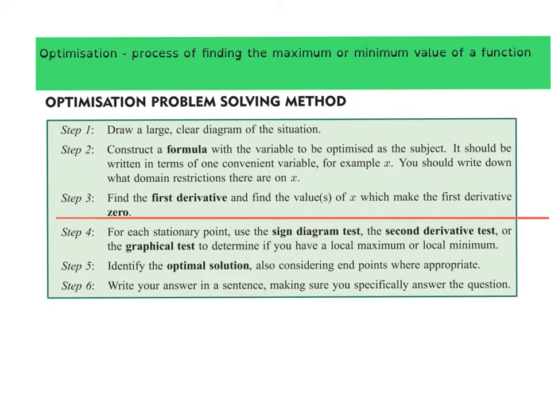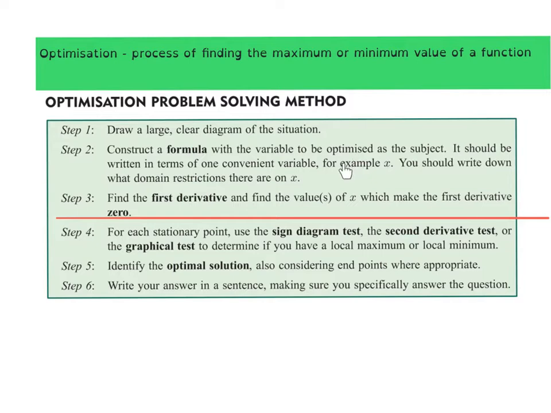There are a few steps that we're going to follow in solving the problem. It's handy to draw a graph if one hasn't been given, and label any information given on the graph. The next step is to construct a formula with the variable that you want to optimize, and make that variable the subject of an equation.